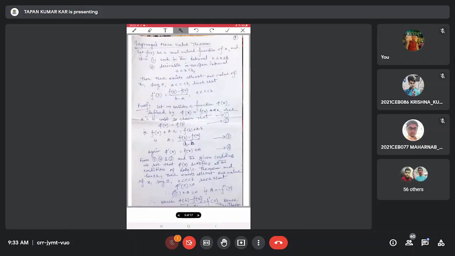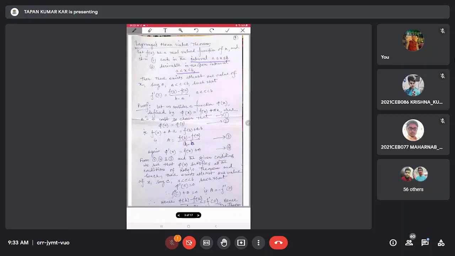And this is the Lagrange's mean value theorem. You know that here also the first two conditions are almost same as the Rolle's theorem, continuous in the closed interval, differentiable in the open interval. The third condition is different, f(a) not equal to f(b).